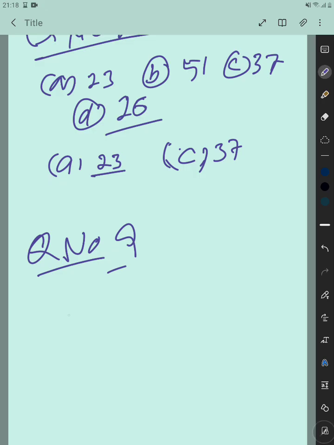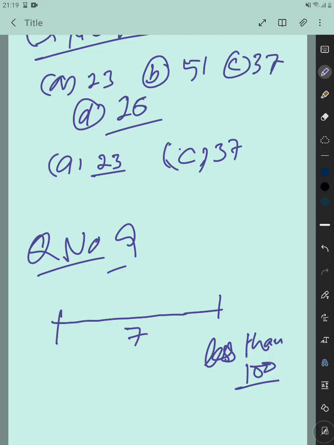Means you need to write composite numbers that are continuous, as you count the numbers going up, 7 numbers continuously, less than 100, and no prime number is coming in between. So you need to find this.